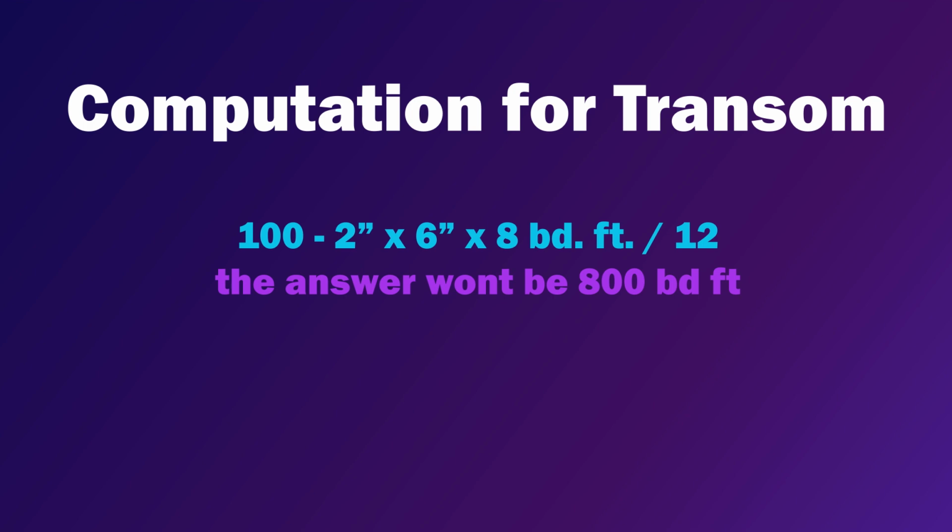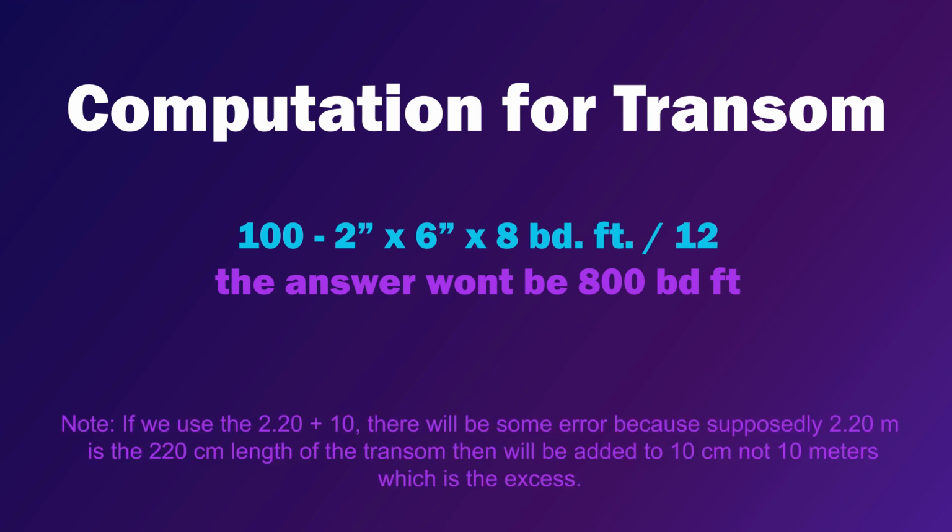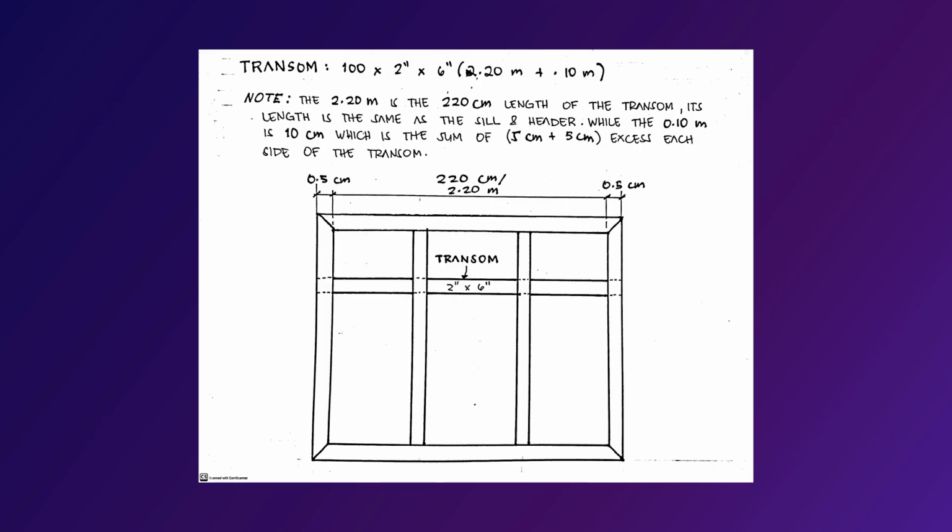And also, if we use the 2.20 plus 10, there will be some error too, because supposedly 2.20 meters is the 220 centimeter length of the transom, then will be added to 10 cm, not 10 meters, which is the excess. I will explain it more as we go by, and I hope you understand because I'm not good at explanation. Here I provide some photos of how I've come up with the same answer of 800 board feet, which was stated in the book.